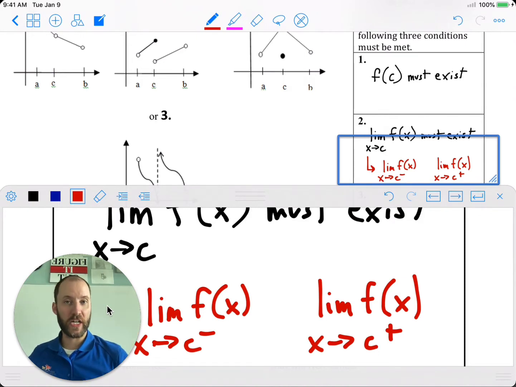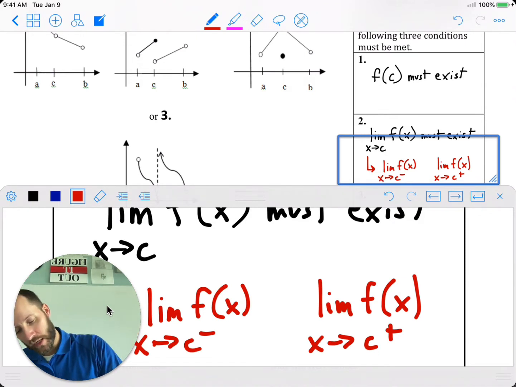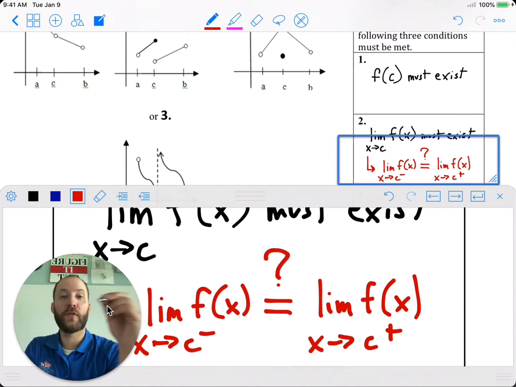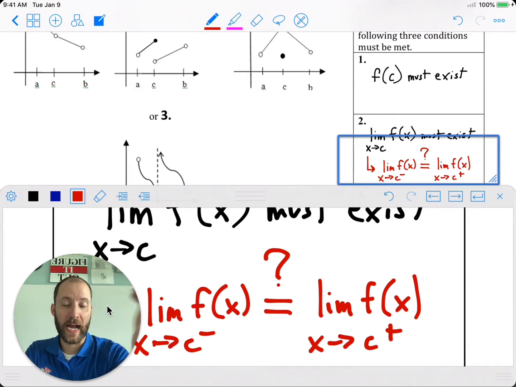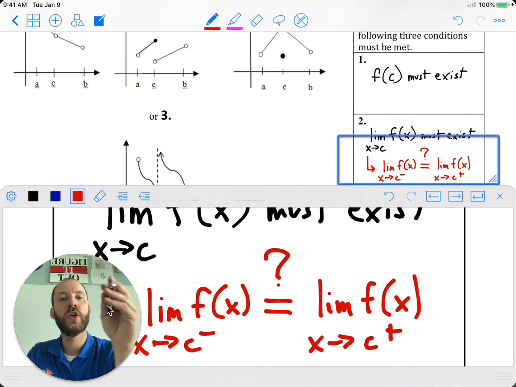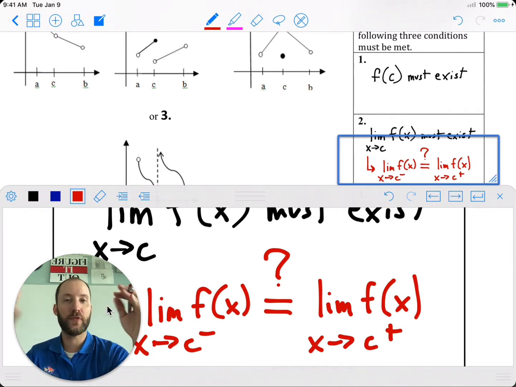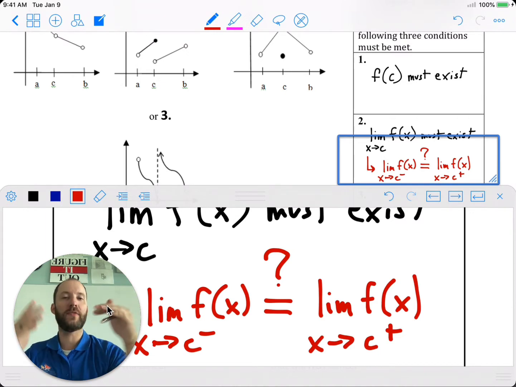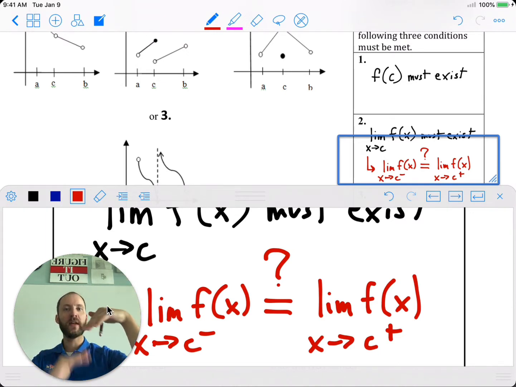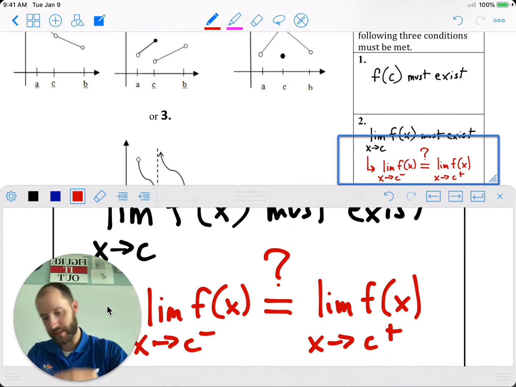And in my notation, I'll do an equal sign with a question mark. I do that to remind myself, like, hey, I gotta address, do they equal? That's the question I'm asking myself. Do they equal each other? If the two sides equal each other, if you have convergent behavior, then the overall two-sided limit does exist.